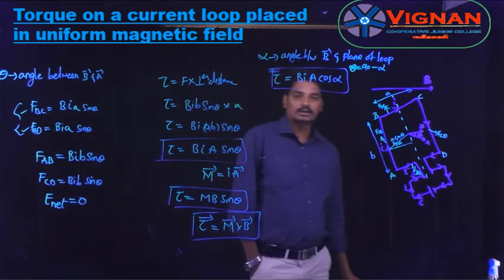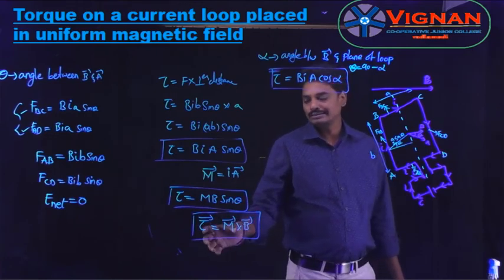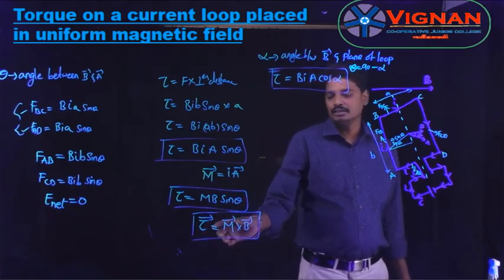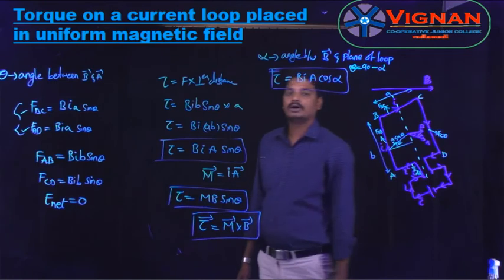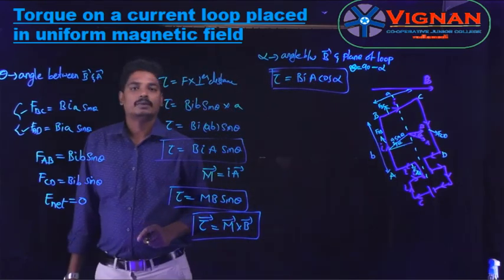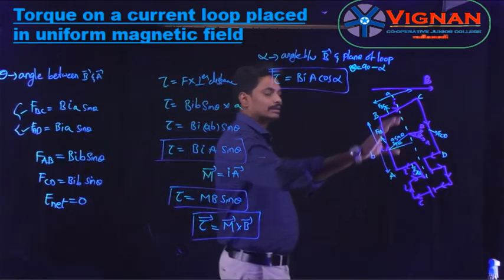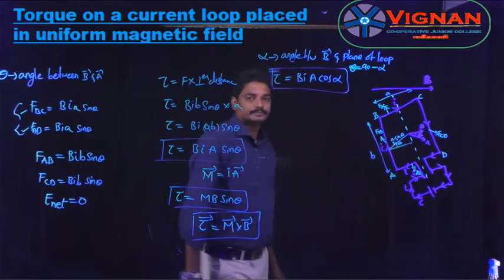Torque acting on a current loop in a uniform magnetic field: the expression for the torque can be given by tau bar is equal to M bar cross B bar, where B is the strength of the uniform magnetic field and M is the magnetic moment of the considered current loop.